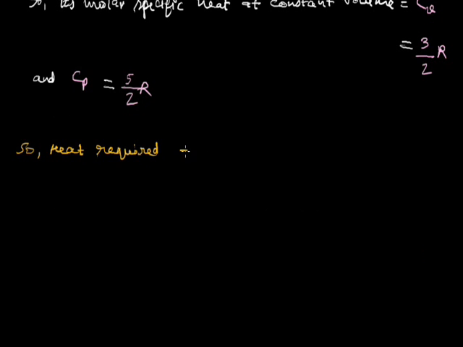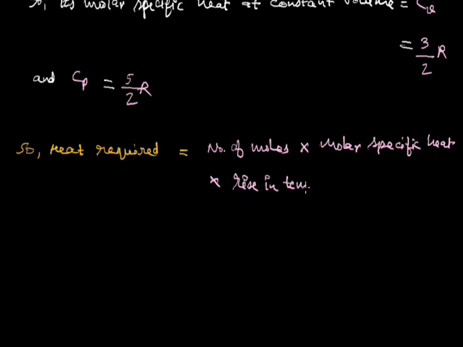Therefore, heat required will be equal to the number of moles multiplied by the molar specific heat multiplied by the rise in temperature, which can be simplified further as the number of moles, 2, multiplied by the molar specific heat at constant volume, 3 by 2 R, multiplied by the rise in temperature, which is 15 degrees centigrade, and in Kelvin the rise is 15 Kelvin.